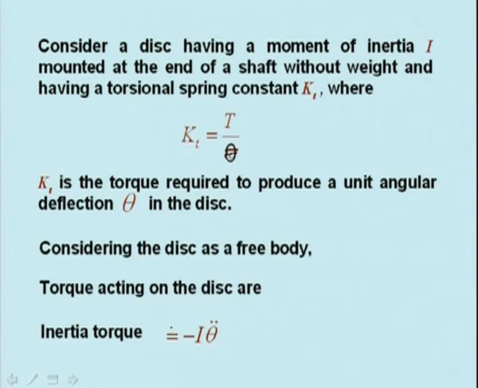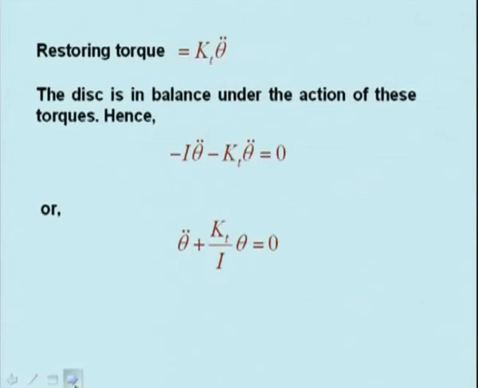Consider the disc as a free body. The inertia torque is equal to minus I theta double dot. The restoring torque is kT theta. By D'Alembert's principle, the disc has to be balanced under the action of these two torques. Hence minus I theta double dot minus kT theta equal to 0, or theta double dot plus kT by I into theta equal to 0.